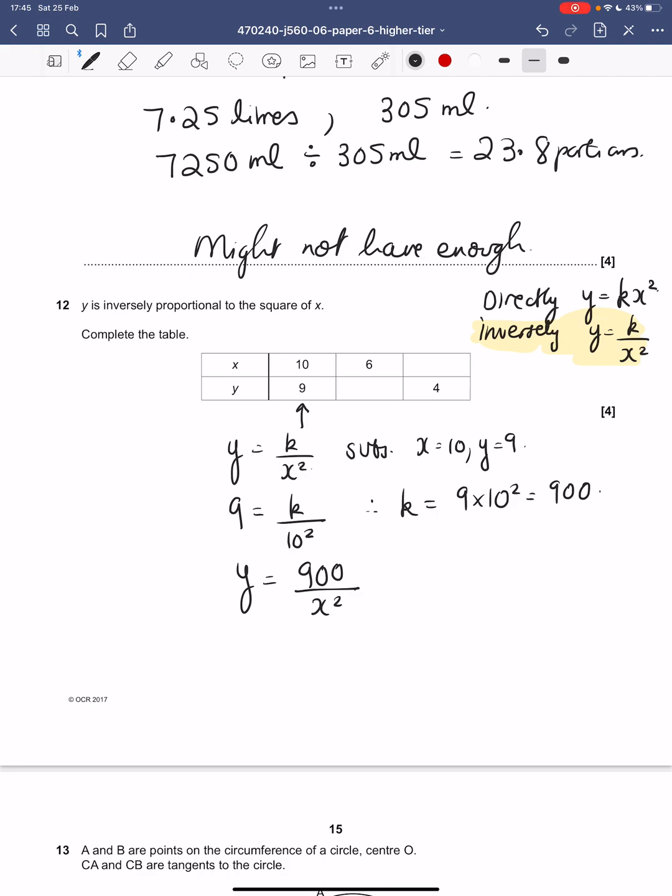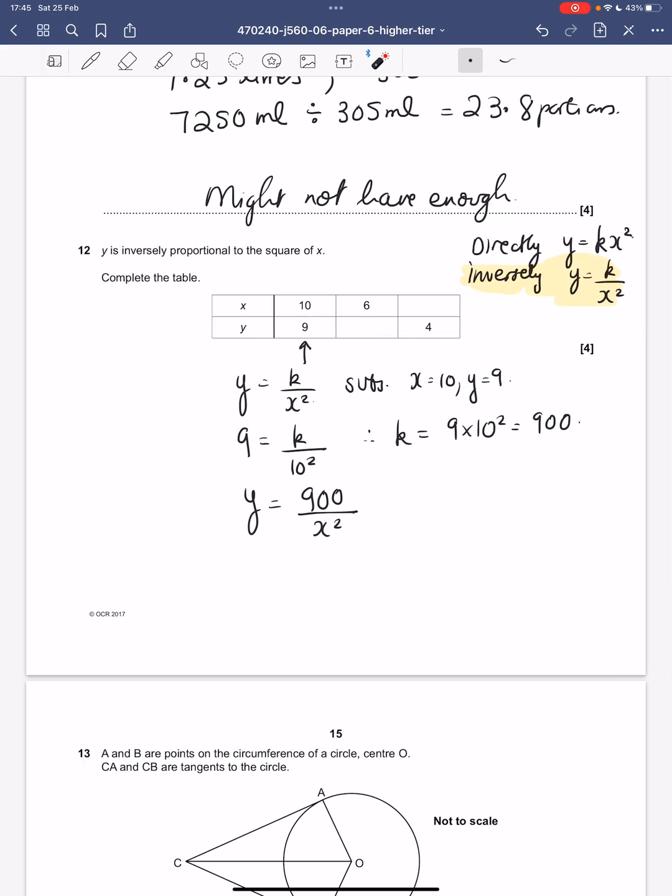So the known pair will tell you the k, whichever one you're using. Okay, so if x equals 6, y is 900 divided by 6 squared, which is 900 over 36, 25.